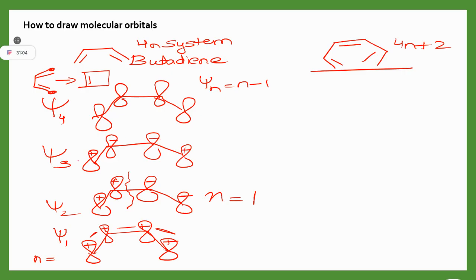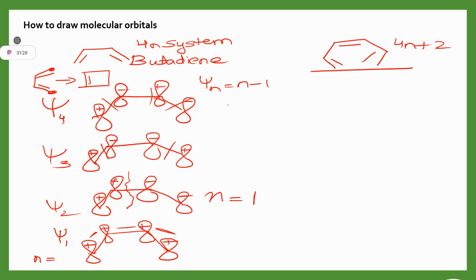Why? Because there should be two nodes. One is here, one is here, and here since they have the same phase sign, there will be constructive overlap. In psi 4, nodes will be 3. So, 3 nodes are there. So, this is the way to draw molecular orbitals, right?